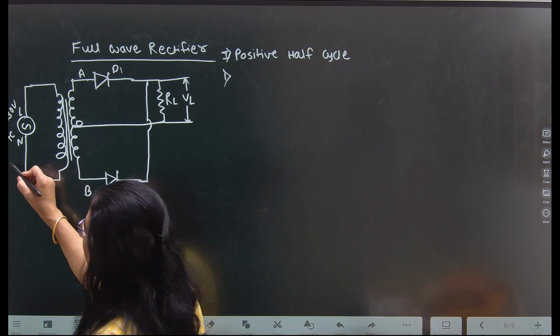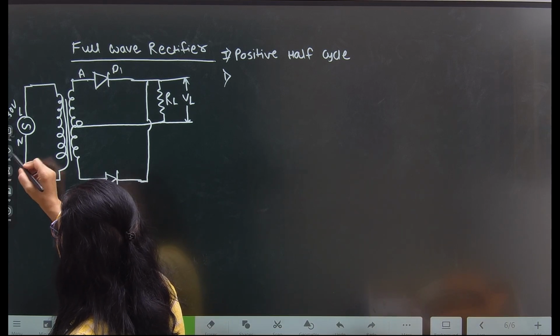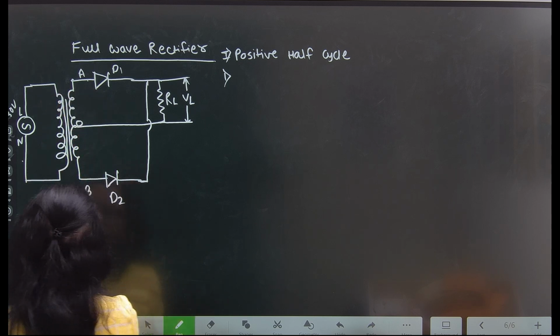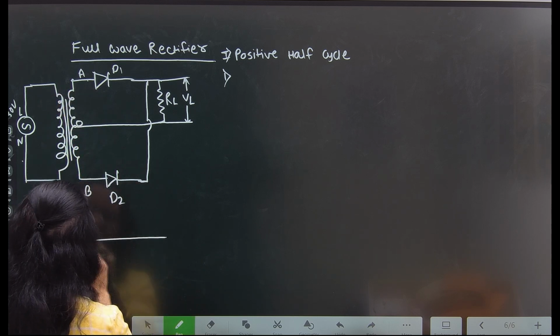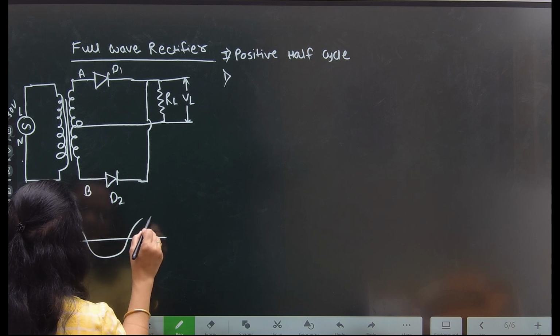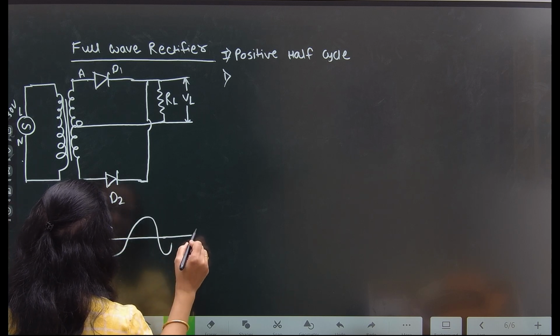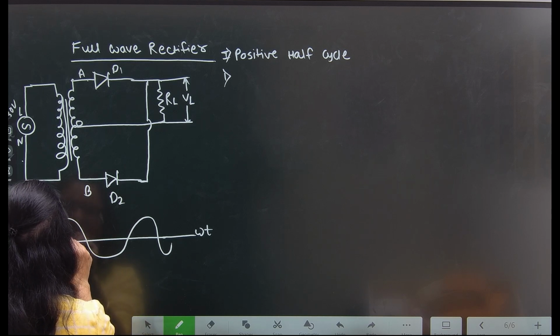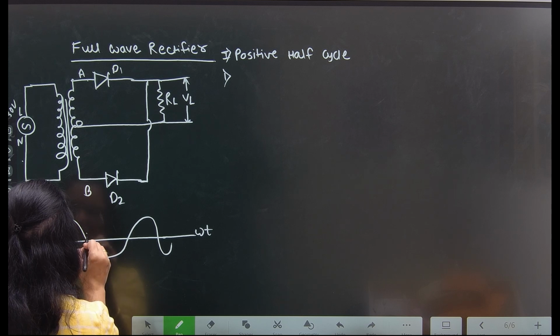That means the input will give a positive sine wave and a negative sine wave like this. This is the input, omega t and input voltage VAP. This one is the positive half cycle, from 0 to pi.